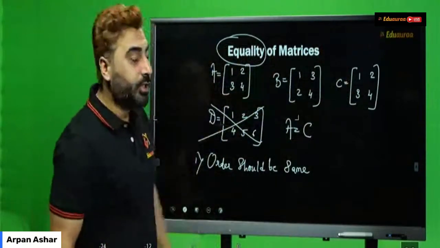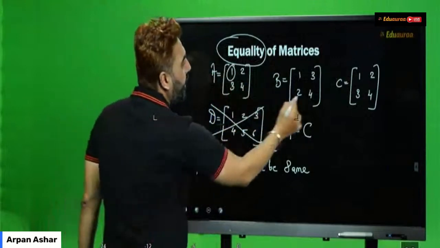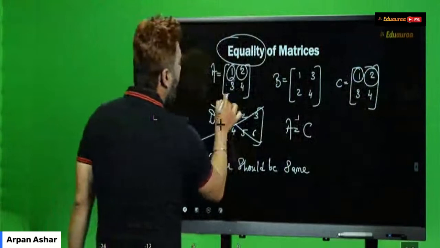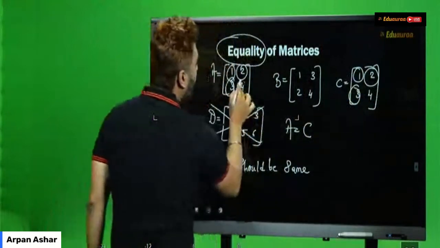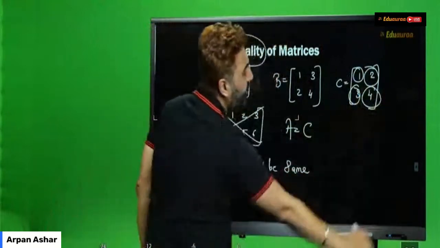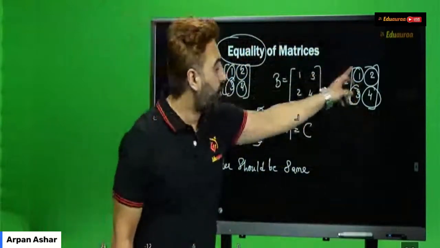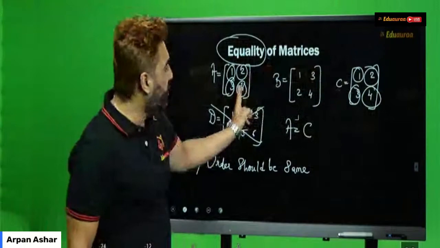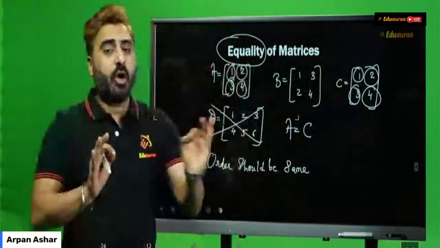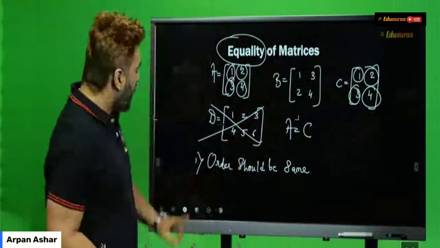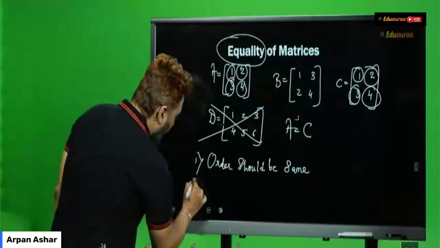Now, condition: corresponding elements should be same. What do corresponding elements mean? A11 should be same as A11 of the different two matrices. A12, A12, A21, A21, A22, A22. Meaning if corresponding elements are same, we can say two matrices are equal. So what will the second condition be here?